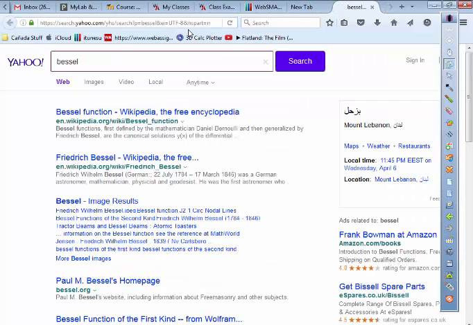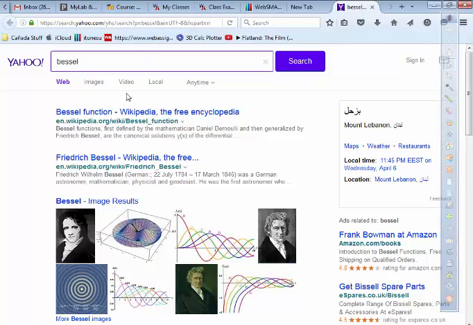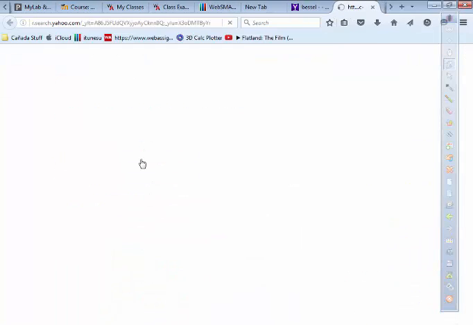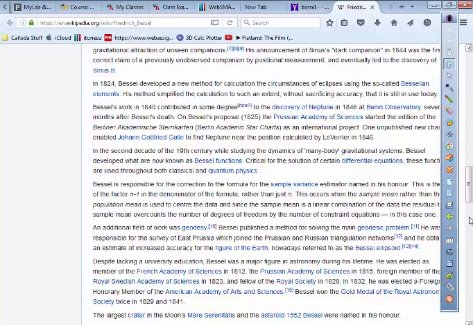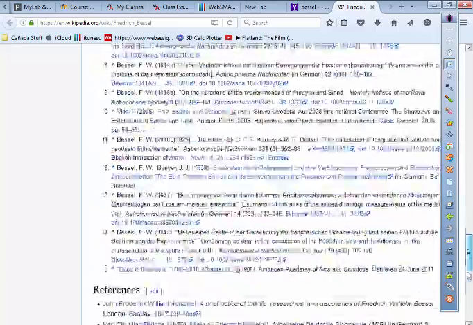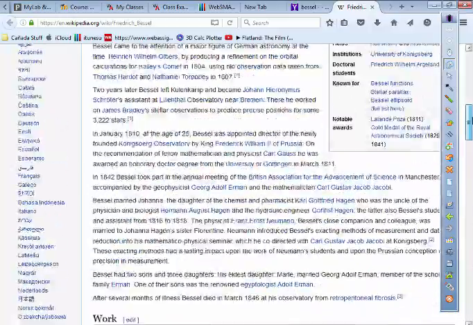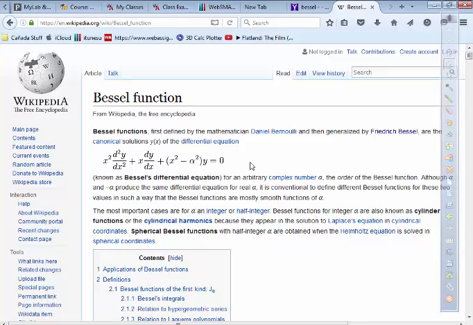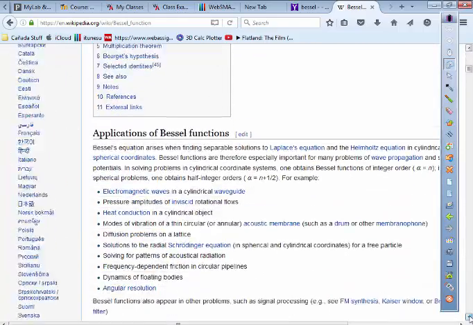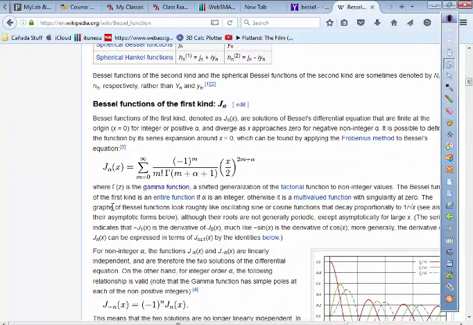One of the famous functions is the Bessel function. It's a solution to this differential equation, but it's really defined as a series.